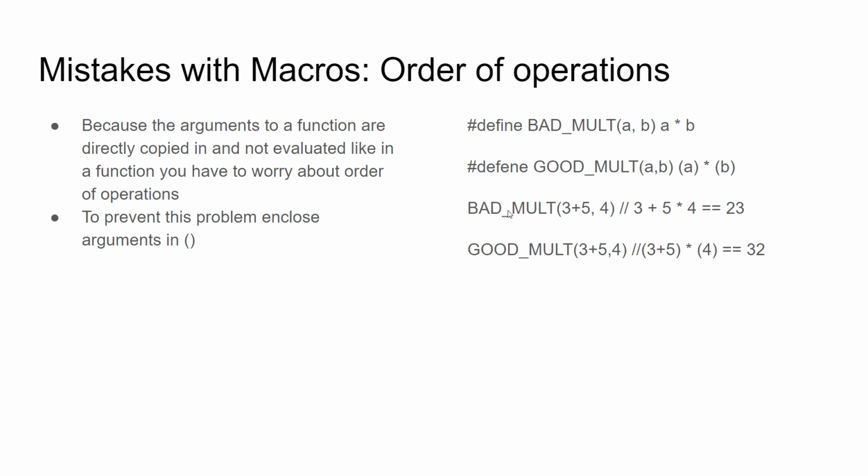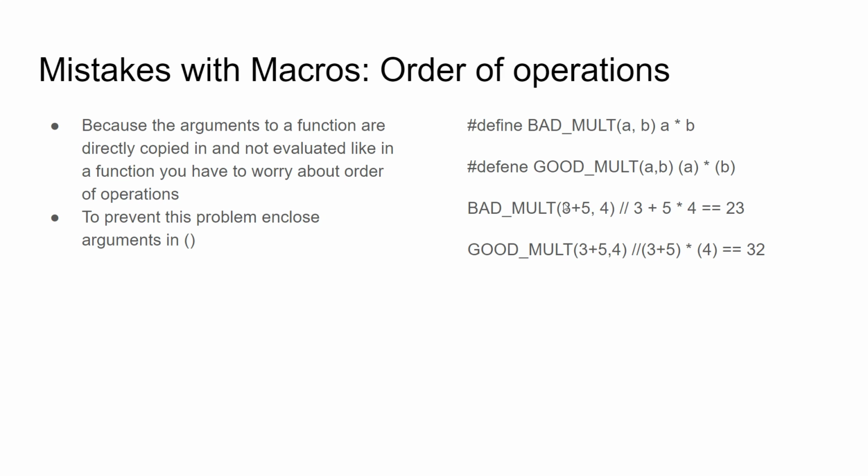But now let's say we call bad mult with 3 plus 5, comma 4. Well, now A is 3 plus 5. So you get 3 plus 5 times B, the 4, which is going to now do the 5 times the 4 and then add it with the 3. Is that what you wanted? No. But if this was a function call, what would happen first is we would do the 3 plus 5.